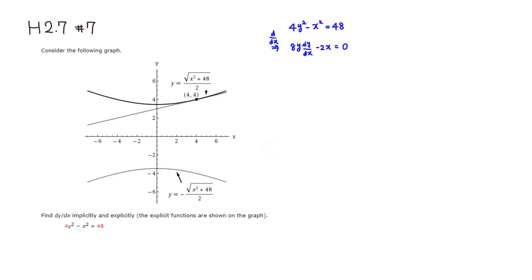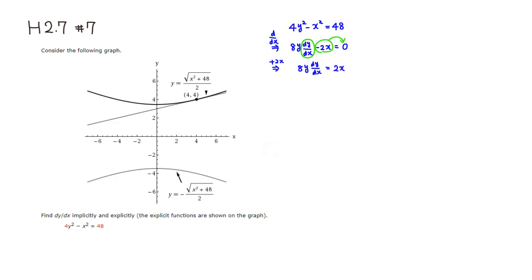Then we just need to isolate dy over dx. First, I'm going to move this over to the other side, so we can just add 2x to both sides. So we have 8y dy over dx is equal to positive 2x.